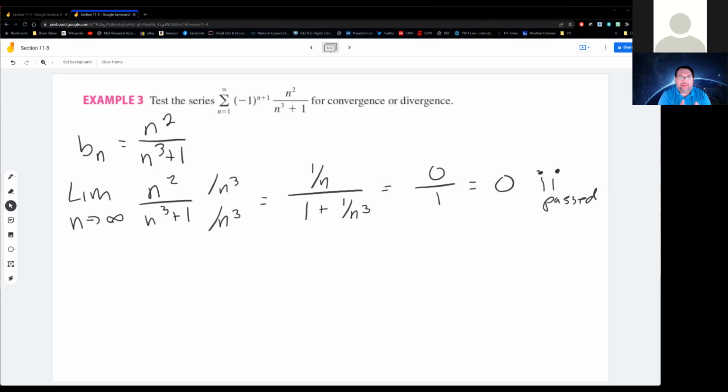I'm trying to think of where it wouldn't always alternate. If it was like 2n plus 1, technically it'd always be odd, so it would always be negative. And if it was just 2n, it would always be even, so it would always be positive.